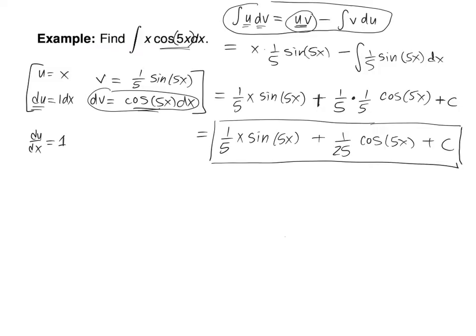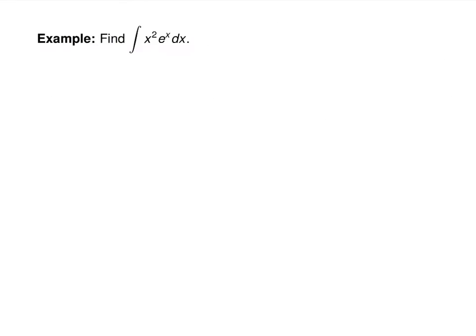Okay, let's try another one. So that formula was integral u dv equals uv minus integral v du. You usually pick u to be the thing that goes away with repeated differentiation. So does e to the x sort of go away with repeated differentiation?